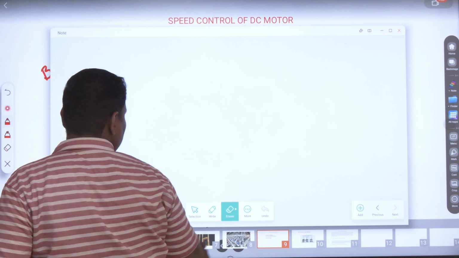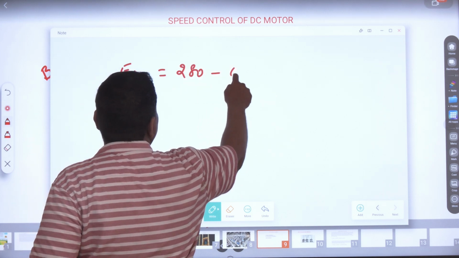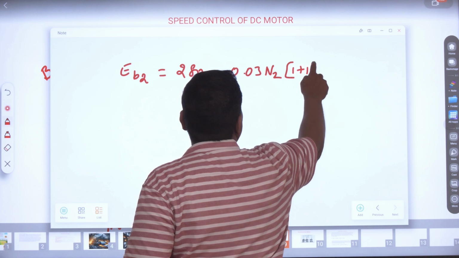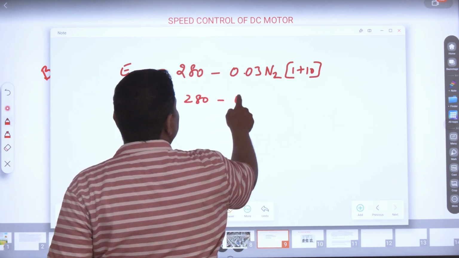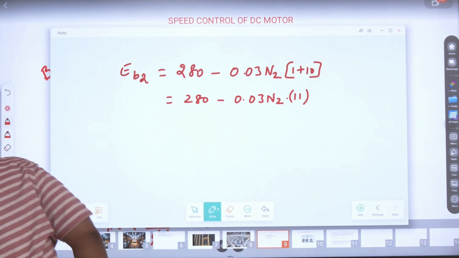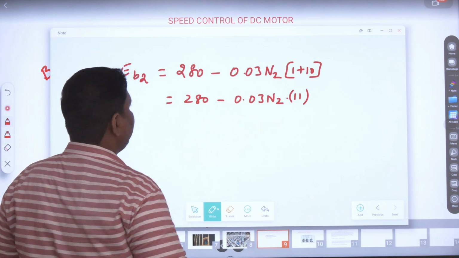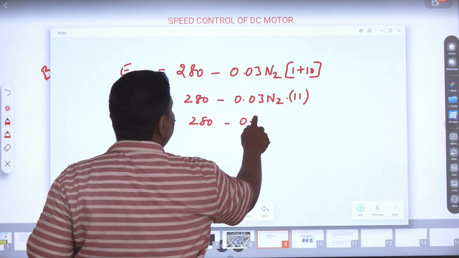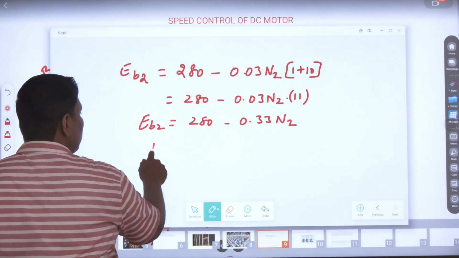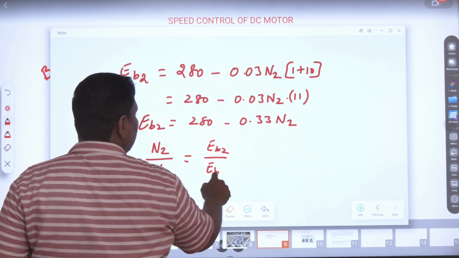Clear? So EB2 equals 280 minus 0.03 N2 into 1 plus 10, right? So that is 280 minus 0.03 N2 into 11. Now find 11 into 0.03, which is 0.33. So 280 minus 0.33 N2 is EB2. Substitute in this relation EB2 divided by EB1.